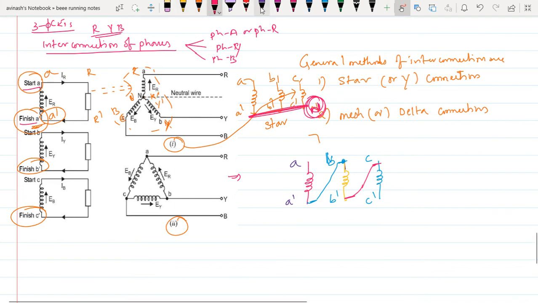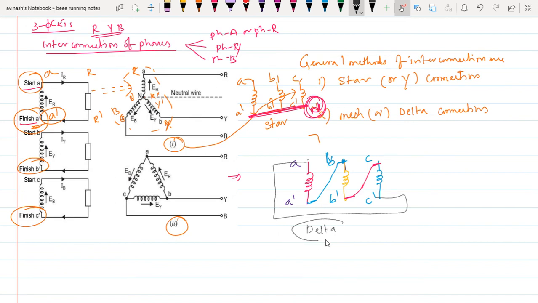Finally, the starting of the first winding is connected to the ending of the last winding. This is nothing but the delta connection. Hope you understand this point.